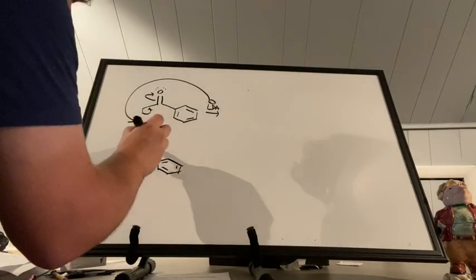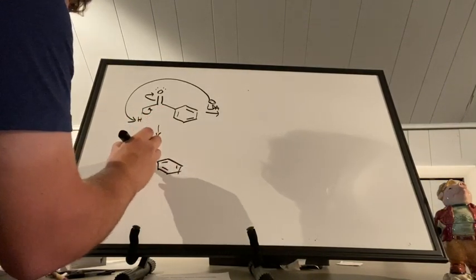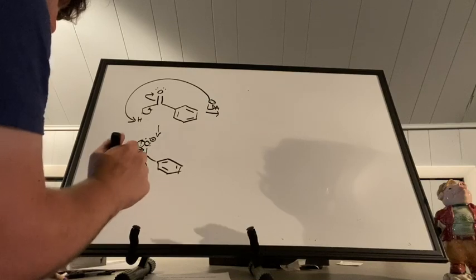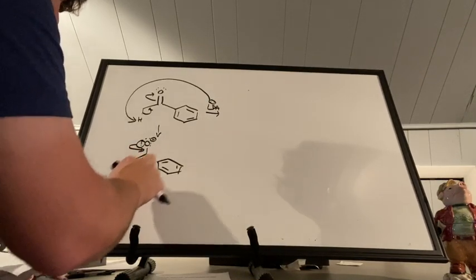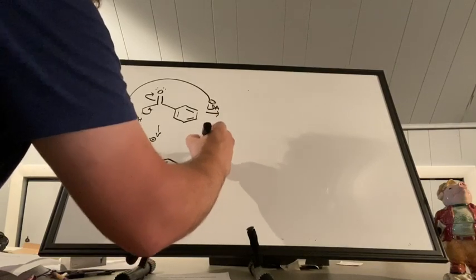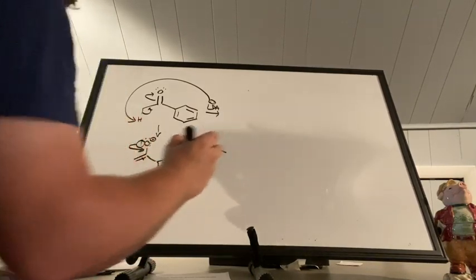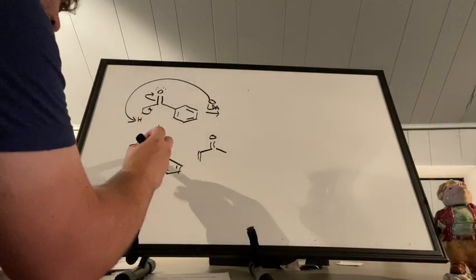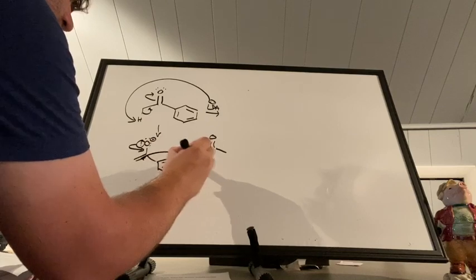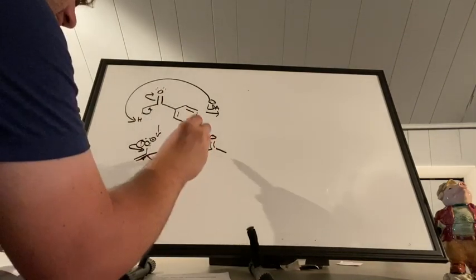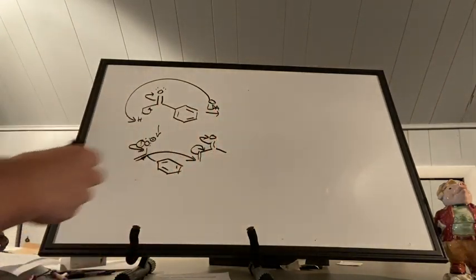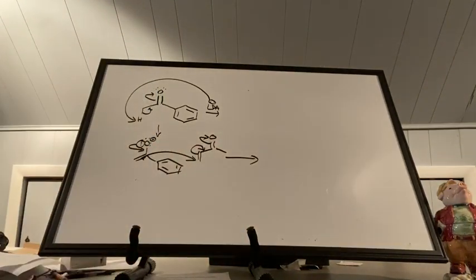Okay, so when this comes back down, this is going to react with, I'm going to draw this right over here, my other substrate, which again is going to have 2 alpha hydrogens. It's going to have at least 1 alpha hydrogen. And then these electrons are basically going to cascade over.